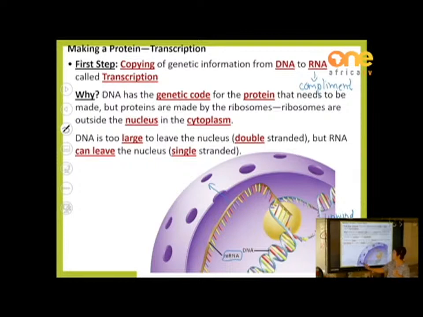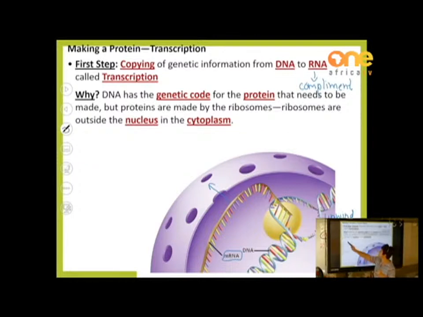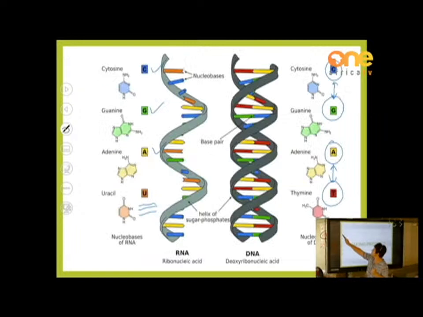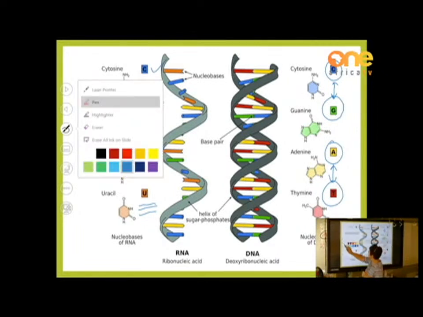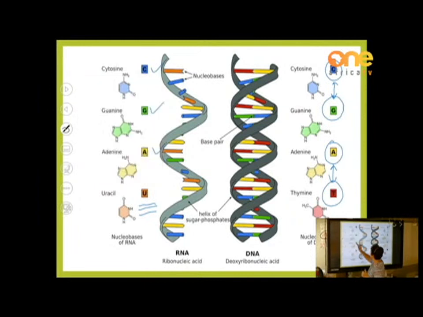So what will happen is, if we can just go back to our previous slide, the guanine of RNA will link to cytosine. So let's make a note here to help us to remember. The guanine on the RNA will link to the cytosine on the DNA. Right?